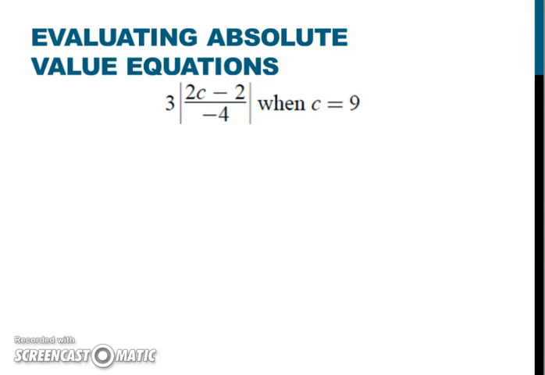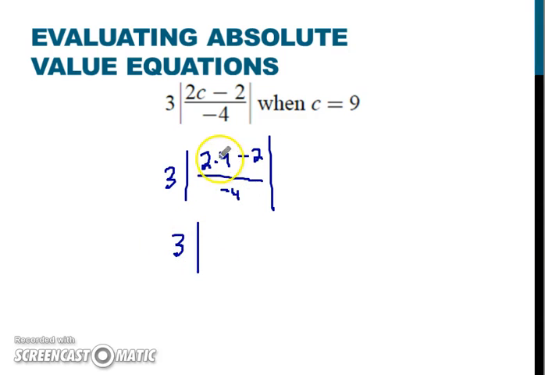And in this example, substituting in 9 for c. So we'd have 3 on the outside, and then the absolute value of 2 times 9 minus 2, all over -4. So treat this whole part as what we do first. Simplify inside this first. So do the numerator and then divide by that -4.